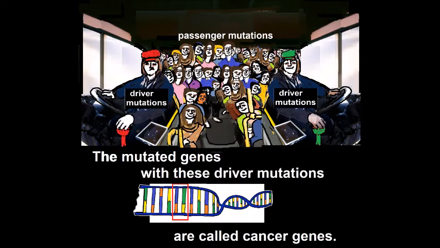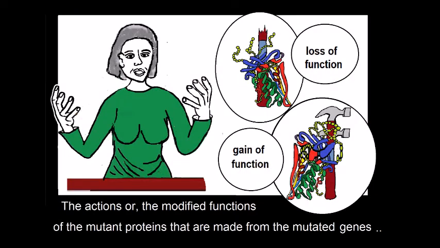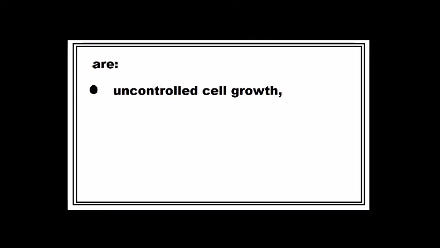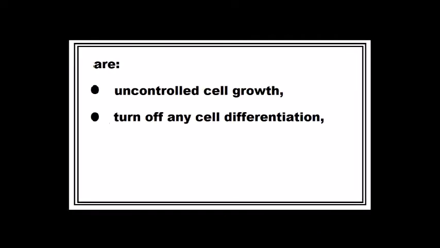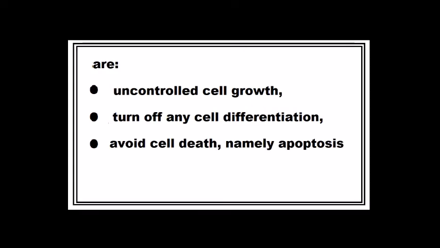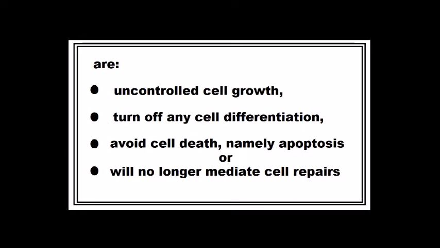The mutated genes with these driver mutations are called cancer genes. The actions or the modified functions of the mutant proteins that are made from the mutated genes are uncontrolled cell growth, turn off any cell differentiation, avoid cell death, namely apoptosis, or will no longer mediate cell repair.